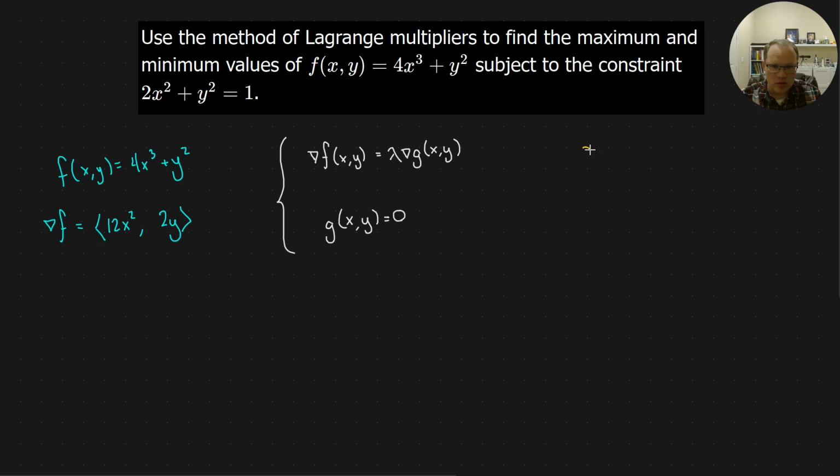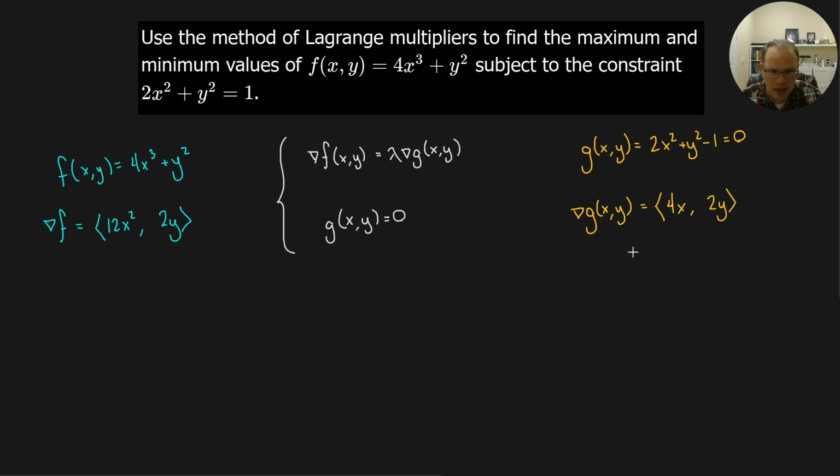And then our constraint, we usually take this and set it equal to 0, so I'll move the 1 to the other side: 2x squared plus y squared minus 1 equals 0. So this is g, and we're setting g equal to 0. The gradient of this: partial derivative with respect to x, I get 4x. Partial derivative with respect to y, I get 2y.